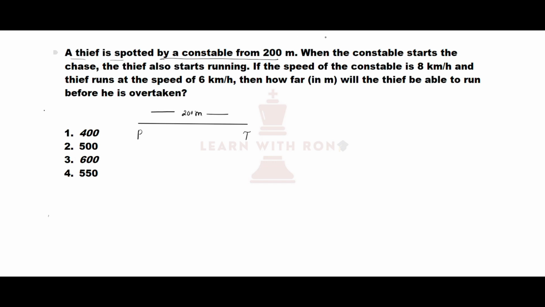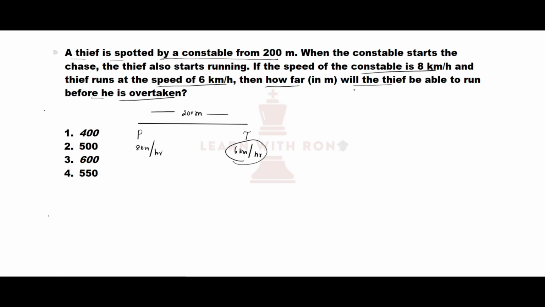They said when the constable starts the chase and the thief also starts running, speed they have given constable as 8 km per hour and thief speed as 6 km per hour. 6 km per hour and 8 km per hour.